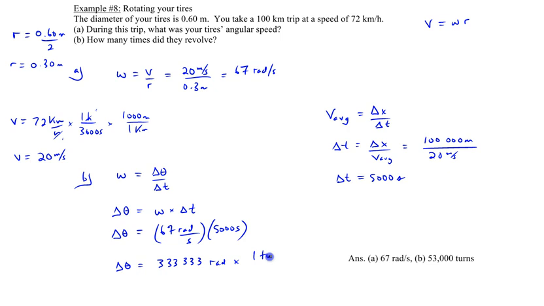In one turn, we have 2 pi radians. So we're going to divide this answer by 2 pi radians. And that gives us a number of turns of 53,052 turns, which we'll just round off to 53,000 turns. Okay, that's it for example number 8.